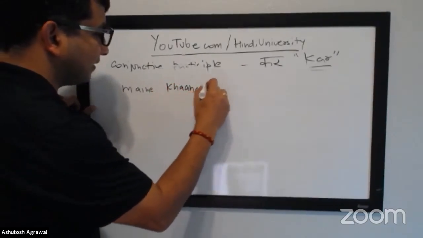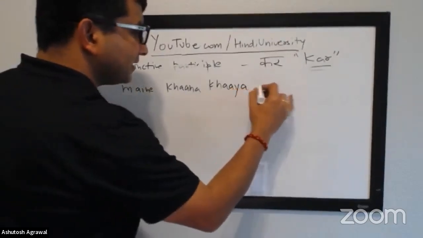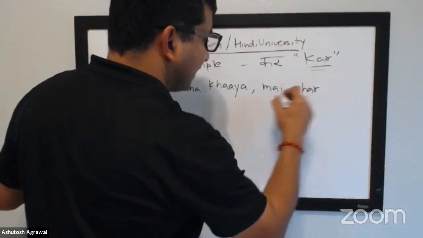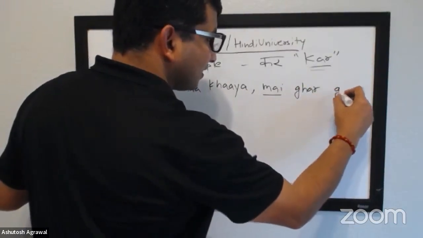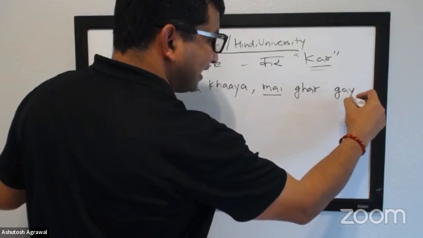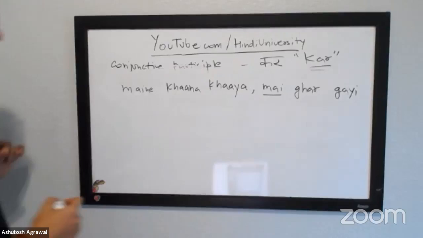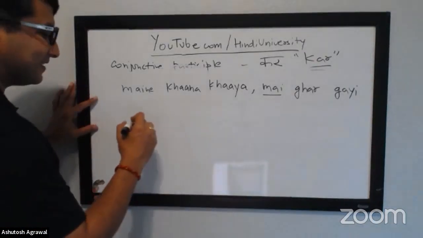And then the second is, मैं घर गया. Or गई. Very good. मैं घर गई. Right? Okay.